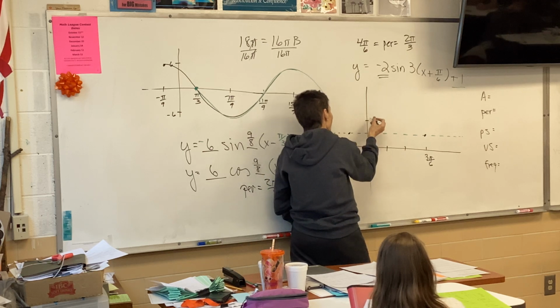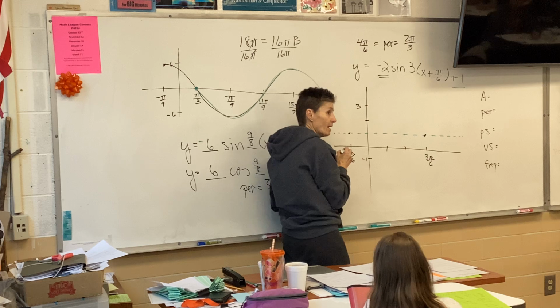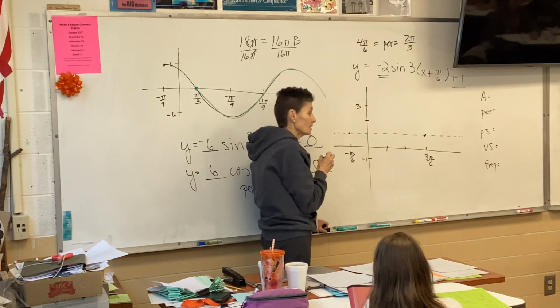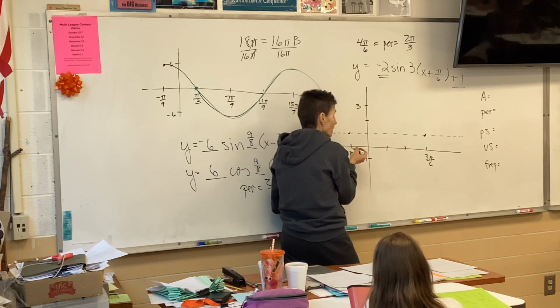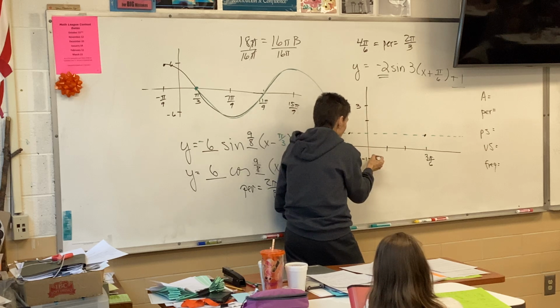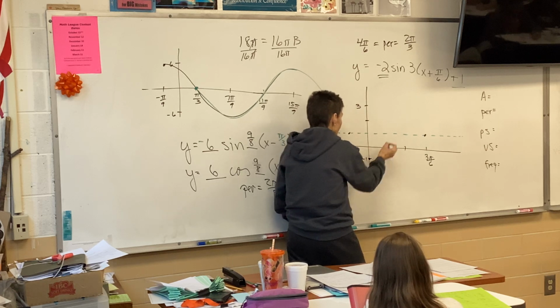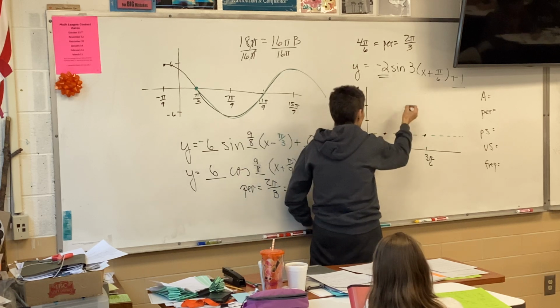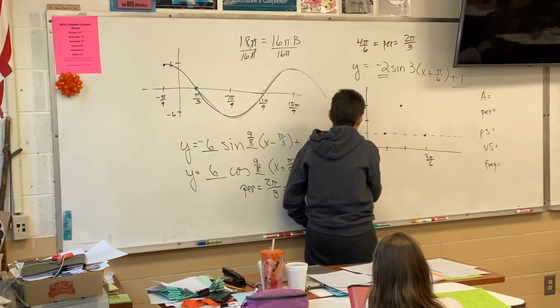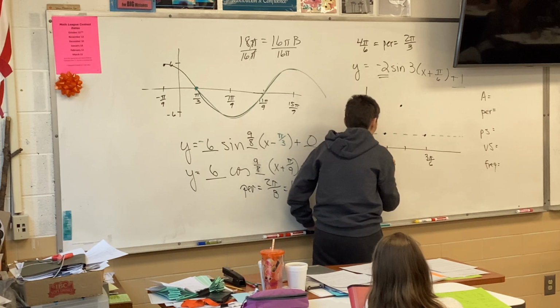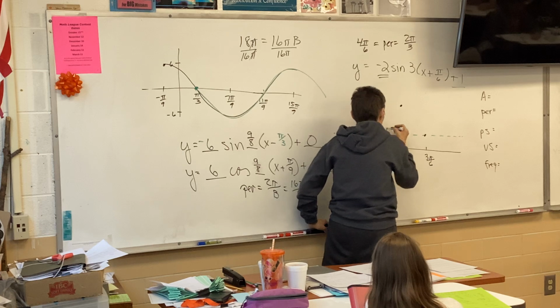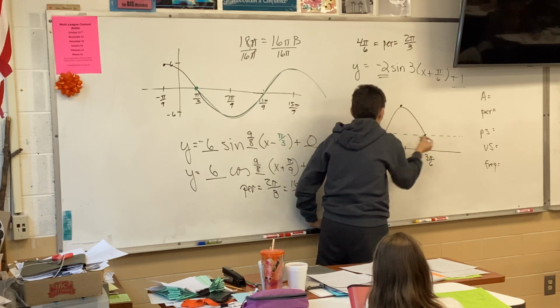And then I'm going to go up 2, so that's going to put me at 3. So my hill is coming down to here, crossing here, peaking here. So this is what my picture is going to look like.